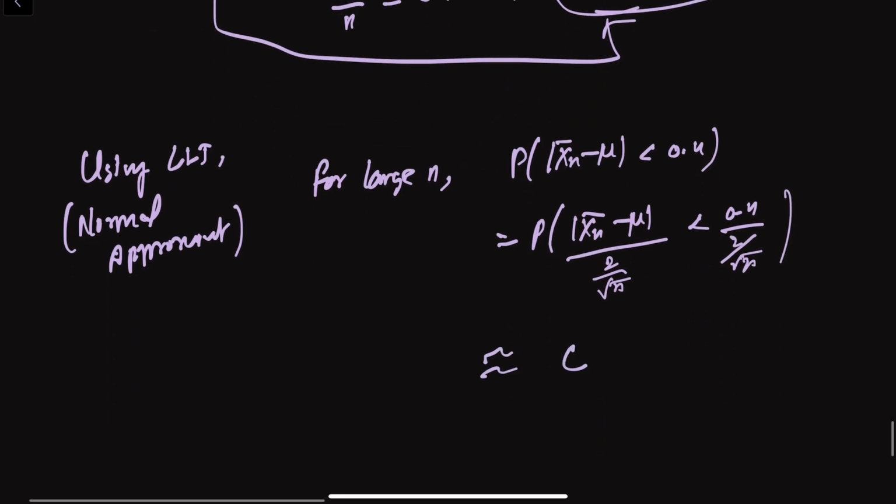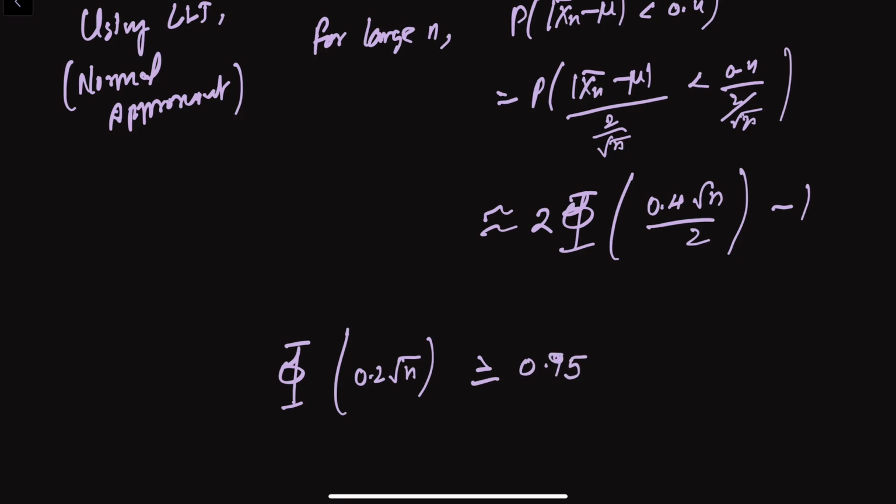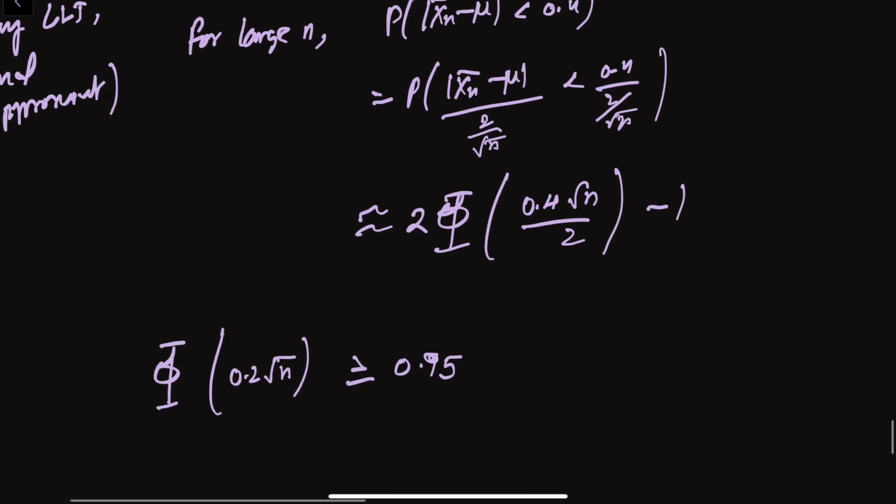So that means this is approximately 2 times phi of 0.4 root n by 2, minus 1. So that means 2 times phi of 0.2 root n minus 1 is greater than or equal to 0.90.